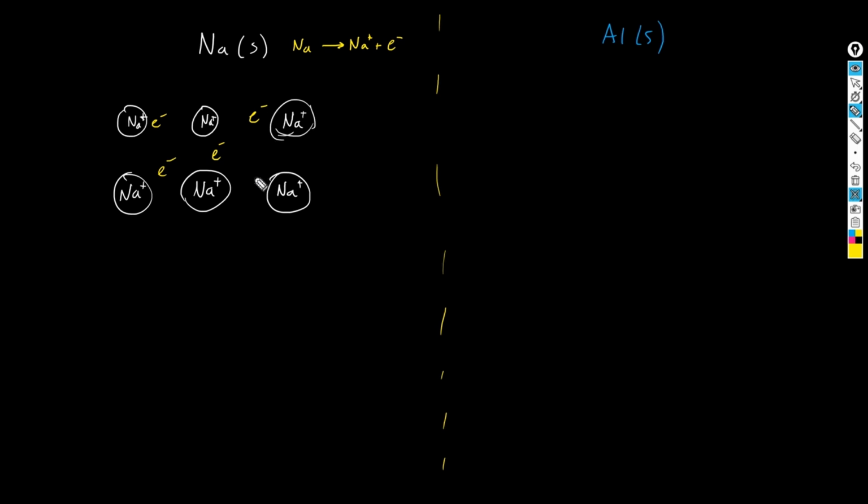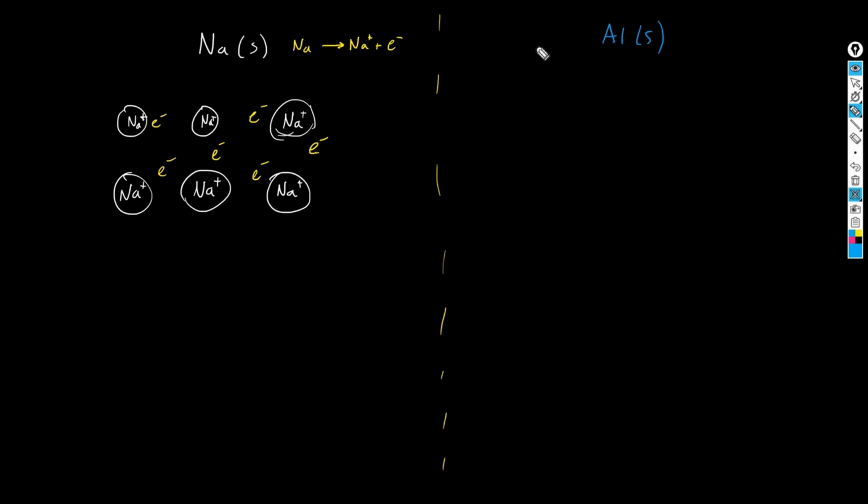So when we draw the structure of a sodium metal, we need to be careful that if we draw 6 sodium cations, we draw 6 electrons. If we draw 7 sodium cations, we draw 7 electrons, because it's a 1-to-1 ratio.